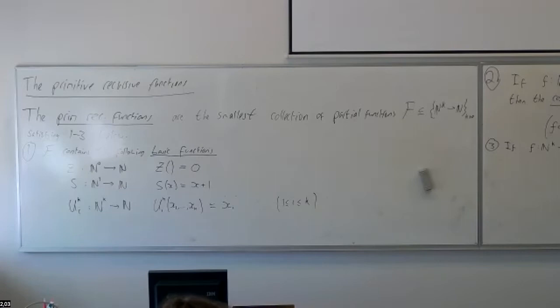If the last argument is 0, we give the base case. If it's not 0, we make a recursive definition in terms of smaller values of the last argument. So this R f g function on a k plus 1 tuple whose last argument is 0 is simply defined to be, well, again, this might be undefined because f is a partial function, f applied to x1 through to xk.